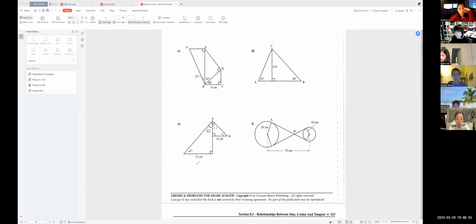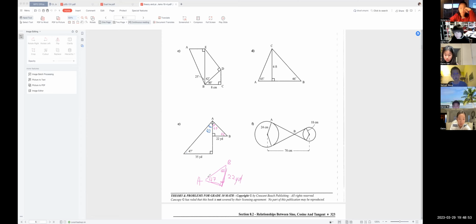Now we actually have a triangle like this: this is 47, this is 43, this is the right angle, and this is A and B. And this one is 22 yards.